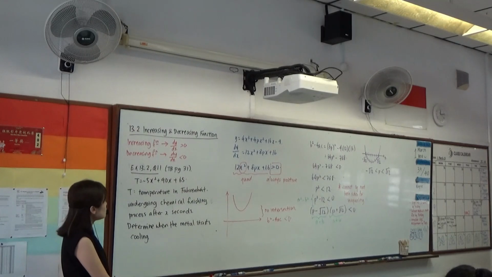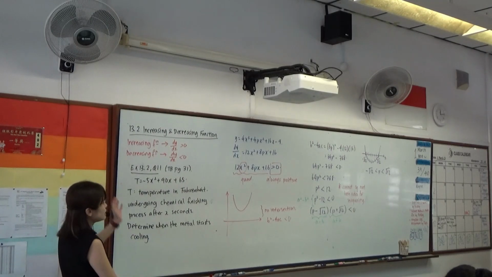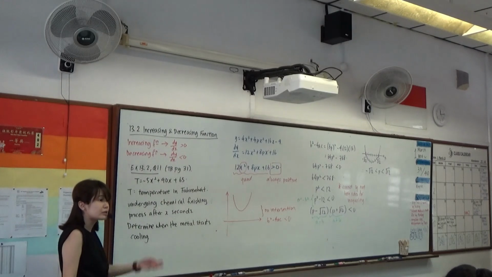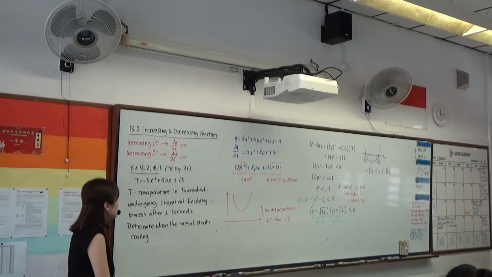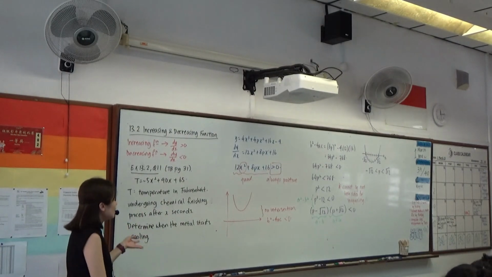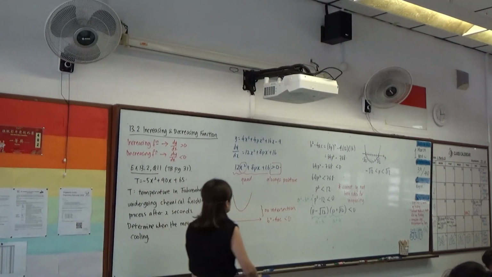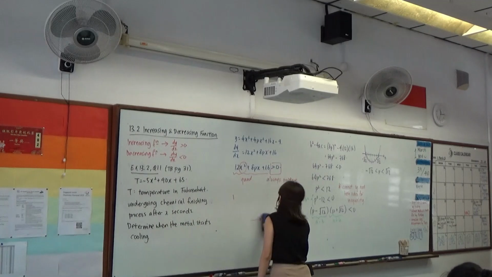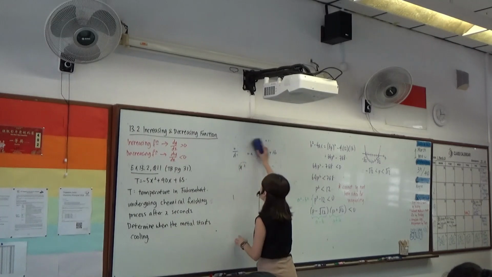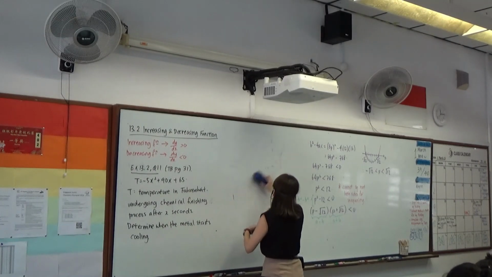So how is this question even related to our increasing and decreasing functions? It isn't very obvious that we have to relate it to increasing, decreasing functions. So let me show you how we can use the concept.